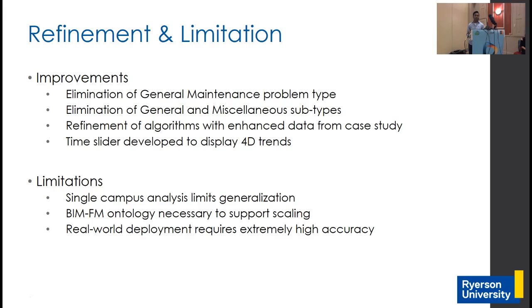Also, there needs to be communication between the facilities management data and the BIM model in order to support scaling of the model. And also, in order to have this as a real-world deployment, we need greater accuracy than 90%, because I think anything less than maybe 98%, you're going to do more harm than good in terms of predicting the problem type, and if it's wrong 2% of the time, that might cause a lot more problems later on.